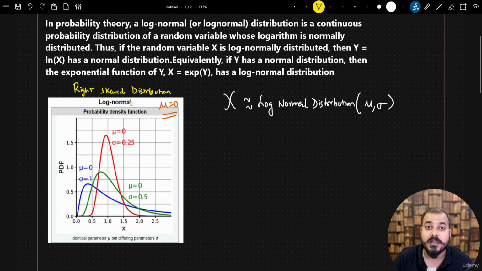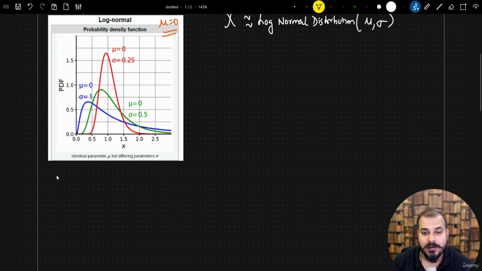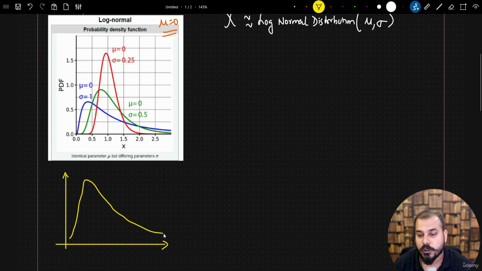And we have learned about right skewed distributions. We also know the relationship between mean, median, mode in a log normal distribution, right? So over here, you can see with respect to every curve, the right side is completely skewed. One example, if I try to draw, this is what a log normal distribution looks like, right?